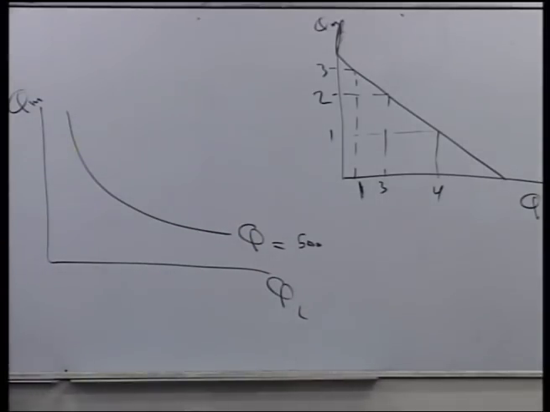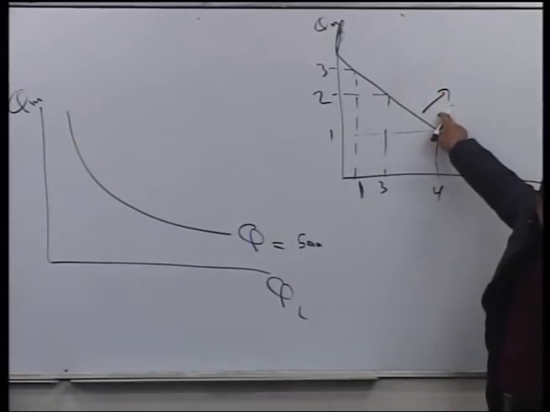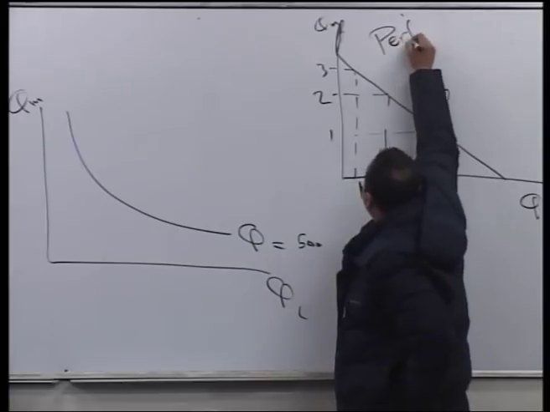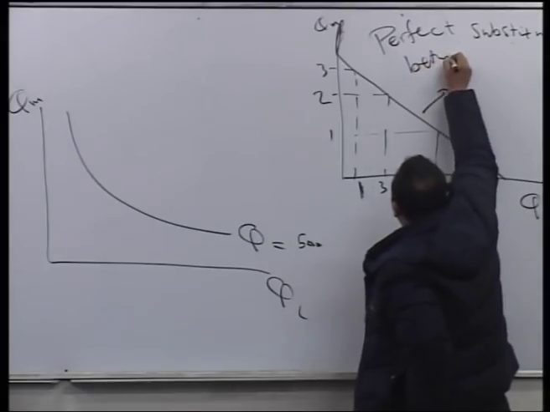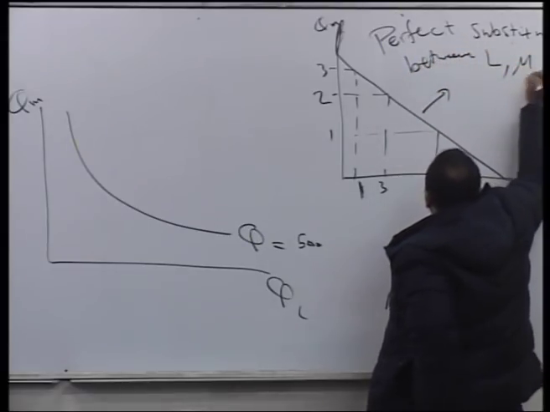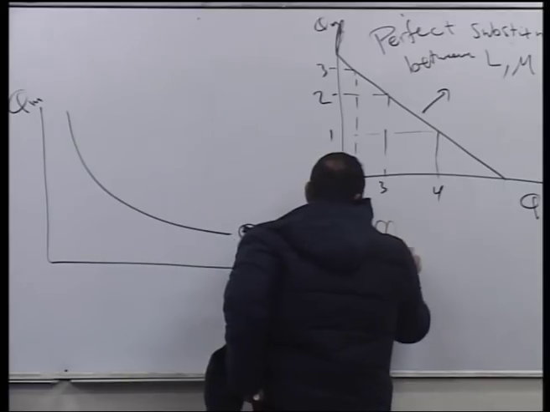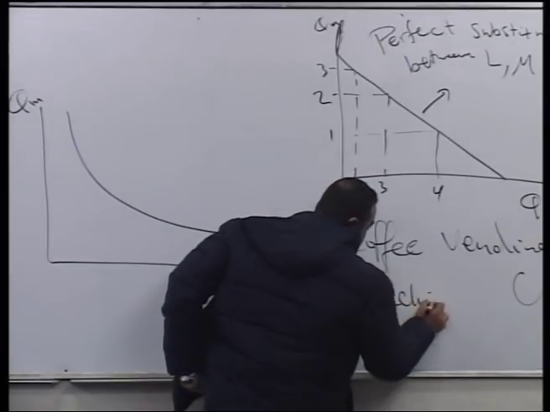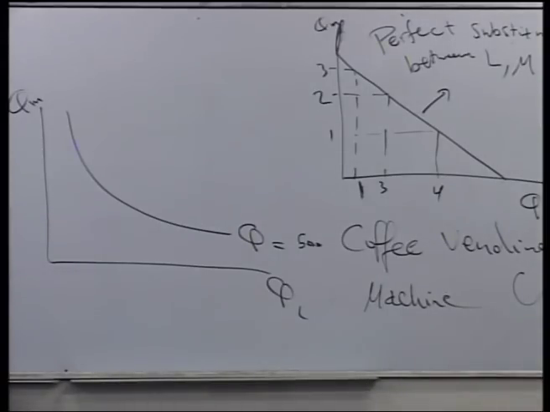If the isoquant curve, here it's not a budget line, you're talking about an isoquant curve, is a straight line, there's a perfect substitution between labor and machines, like the coffee vending machine, or the wheat harvesting machine. The harvester harvests instead of people, right?